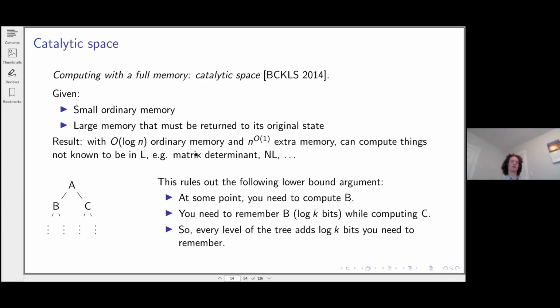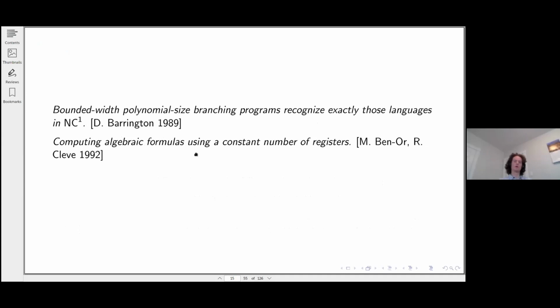The techniques that are used in this catalytic space paper actually go back pretty far. There's a paper in 1989 by Barrington, which shows that with branching programs limited to a width of only 5 states in each layer, you can do quite a bit. And then there's a paper by Ben-Or and Cleve in 1992 that says you can do quite a lot of arithmetic with computations that only remember 3 numbers at once.